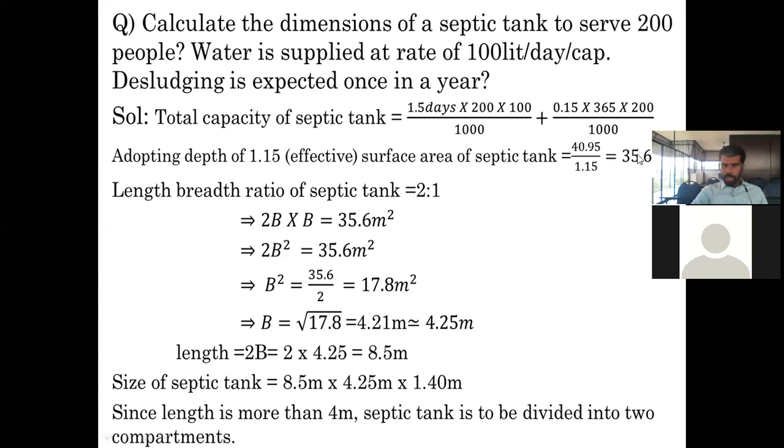So you'll be getting the surface area. Now you know that the length breadth ratio of the septic tank is 2:1. You know the height is 1.15, correct? If you are taking a depth of 1.15, this much will be the area.